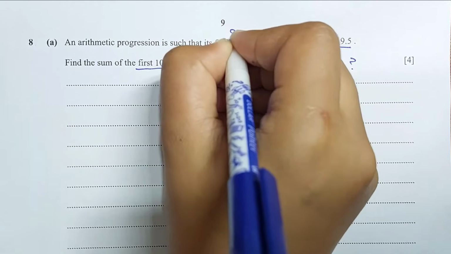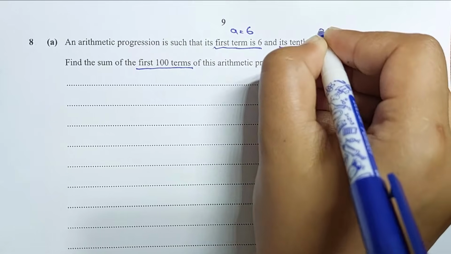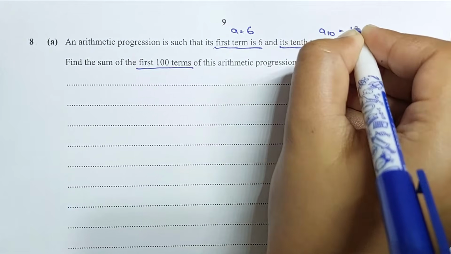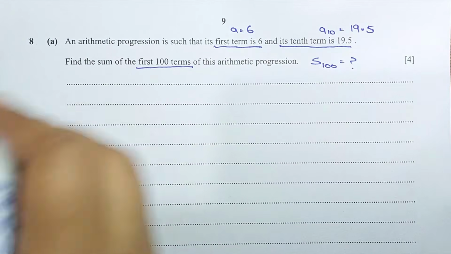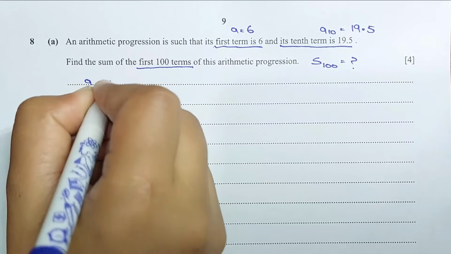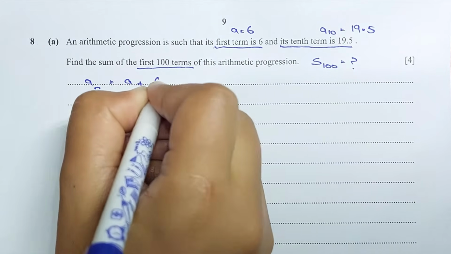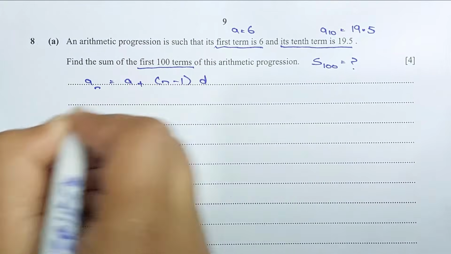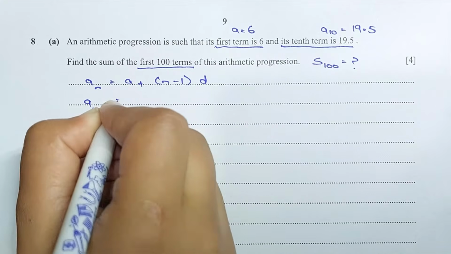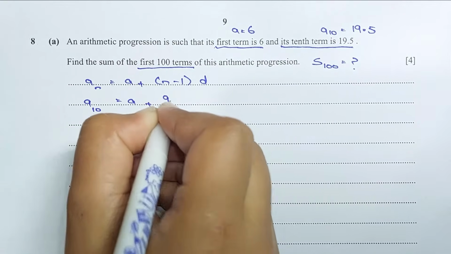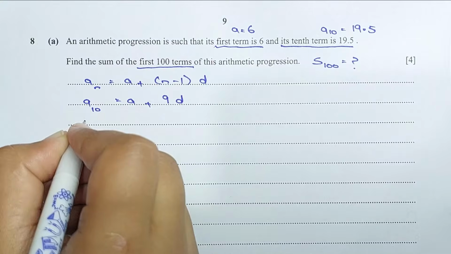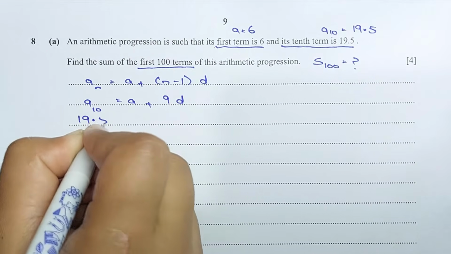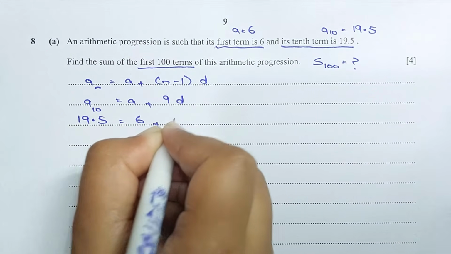Right, so A we have been given is 6 and A10 we have been given is 19.5. All right, what is An? An is a plus n minus 1 into d. So what is A10? It is equal to a plus 9d. Okay, so A10 is 19.5, equal to 6 plus 9d.